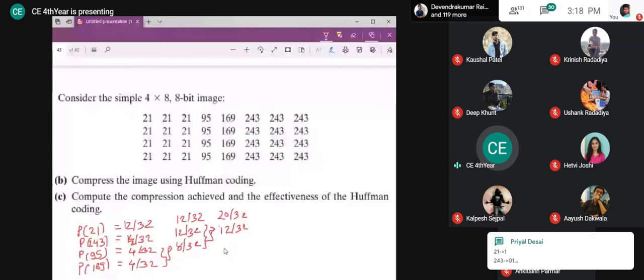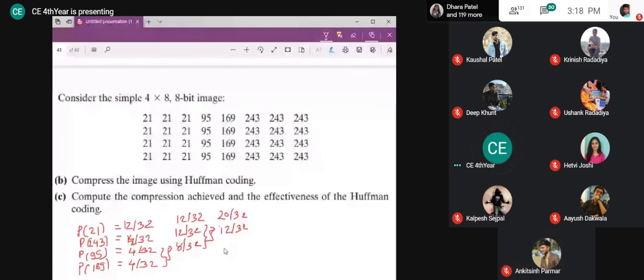So what is the code for P21? What is the code for 21? Yes, for 21 it is 1. We are assigning 0 here and 1 here. That is 1 here and here.